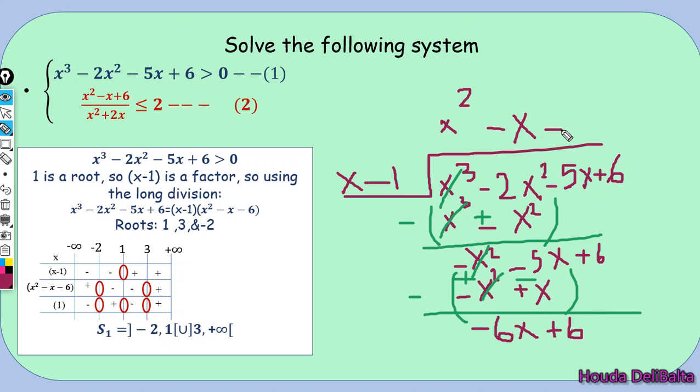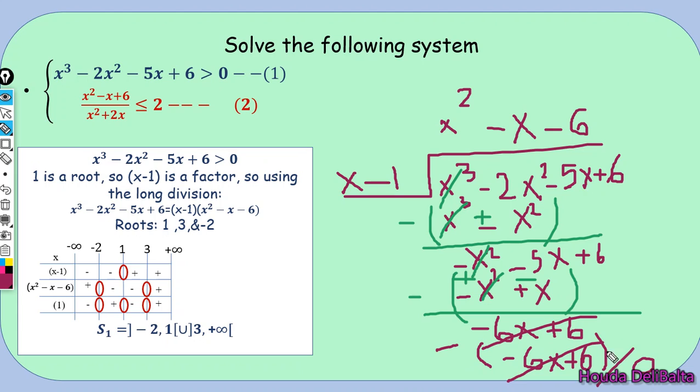And now we multiply x by minus 6 to get minus 6x. So we have minus 6 up, and here we have minus 6x, and minus 6 times minus 1 is plus 6. Then definitely this will cancel itself, and the remainder is definitely 0.